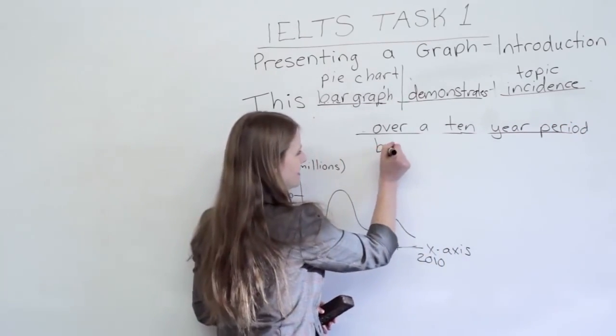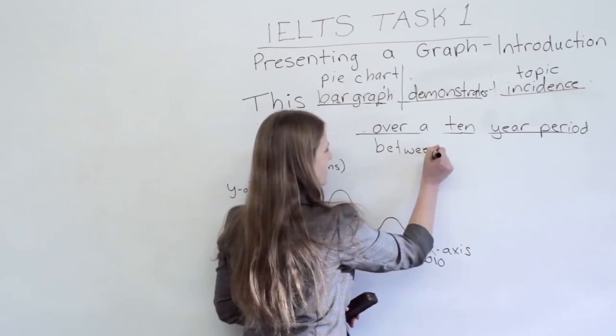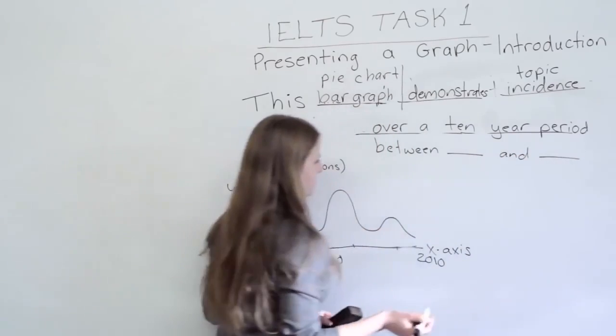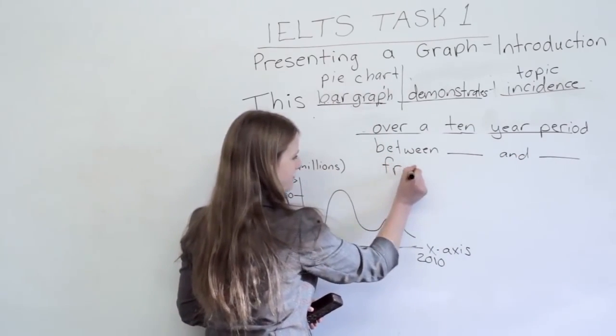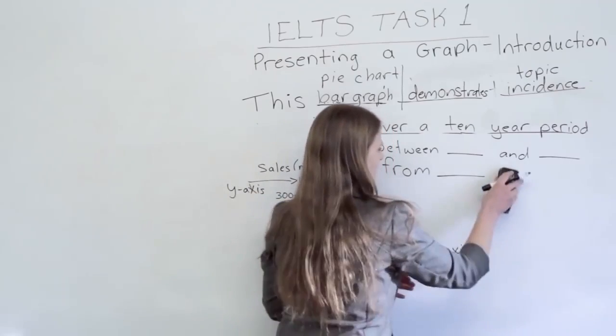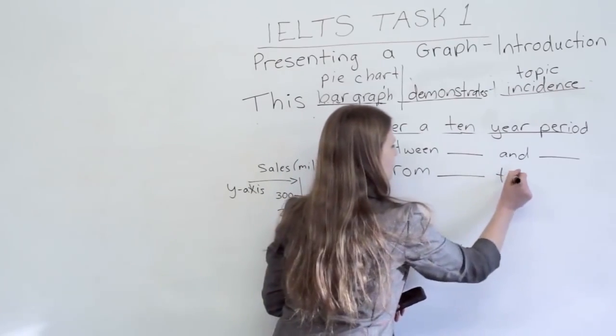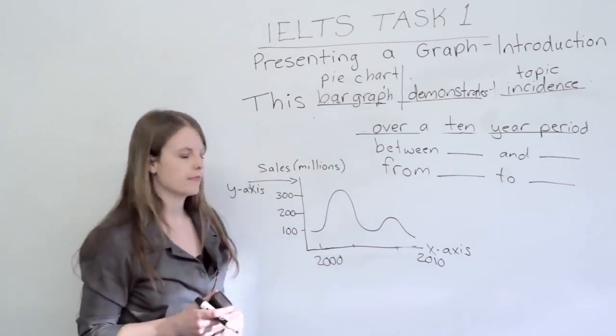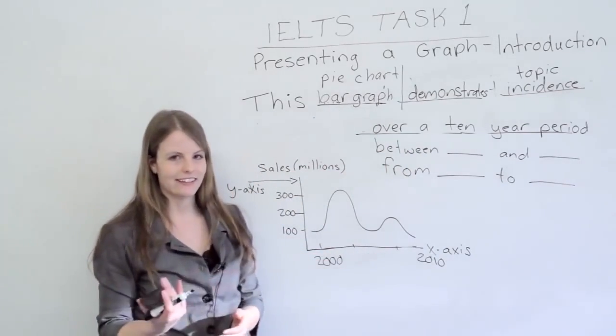So again, you can have between this date and this date, or from 1990 to, so these are just different ways to show time, which will be located on the x-axis.